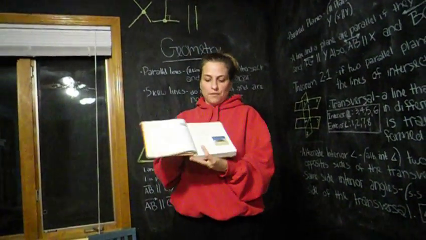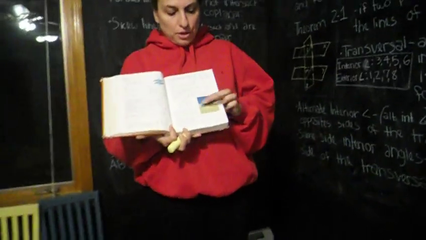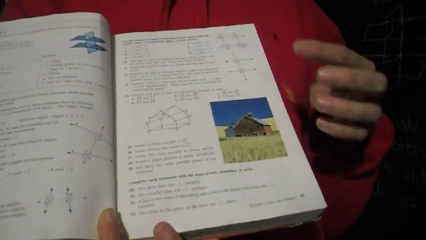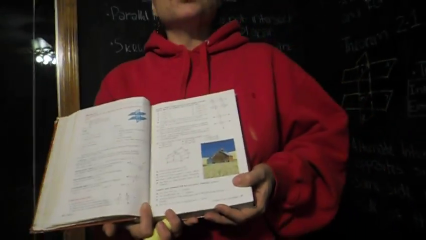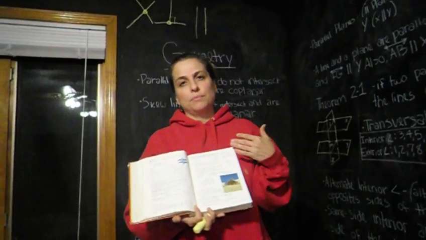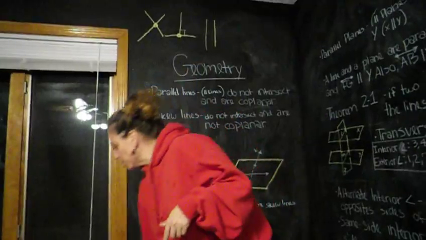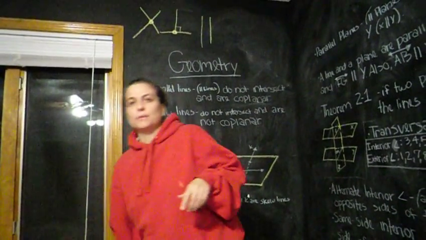There is a picture of a barn, and you might want to look at the picture of the barn. This is the picture right here, but when I was doing it, I kind of looked at that picture too to help me. There are a couple tricky questions in there, so if you want to put this on pause right now, go do the classroom exercises, and then I will be here again to go over them.